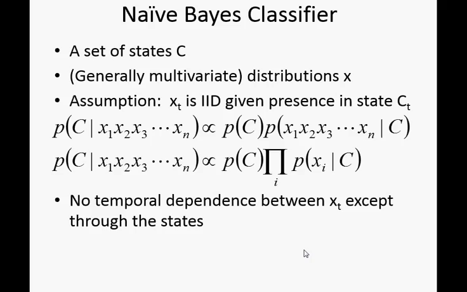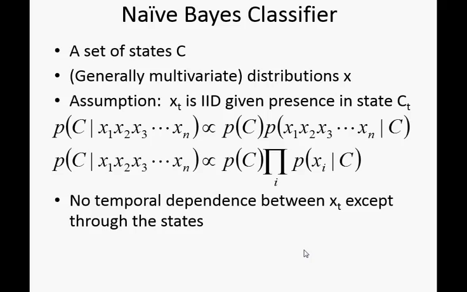The idea here is we have a set of states, which we're going to label C. So we're going to posit there's a certain behavior being classified here, say smoking and non-smoking. That might be the set of states that we're interested in. Maybe in another case it would be whether I'm sitting, standing, lying down, or engaged in some active movement.